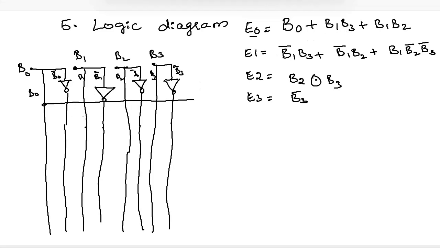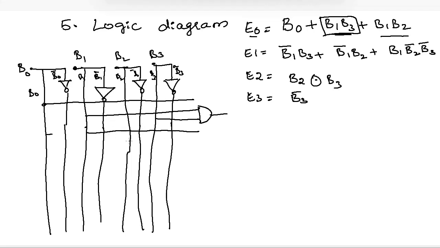In between B1 plus B3 the operation is OR, so draw the OR gate here. Next one is B1, B2. In between B1 and B2 AND operation is there. So draw the AND gate here.